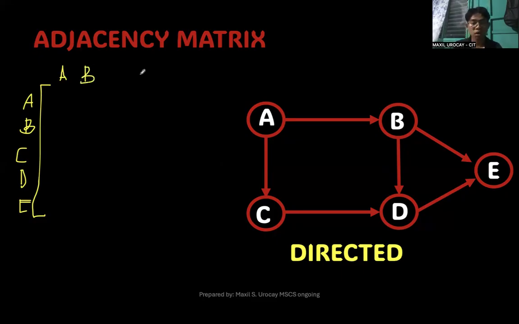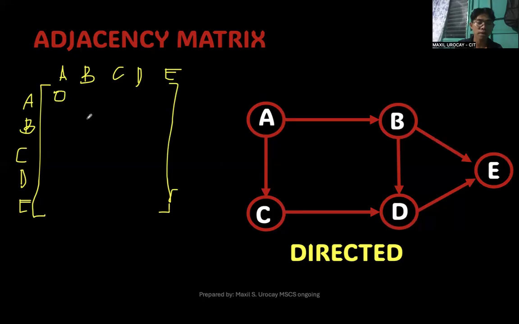Now, let's try to check that one by one. Let's try to identify the adjacency matrix pertaining to the directed graph right now. So A to A, since there is no loop, we just put 0.